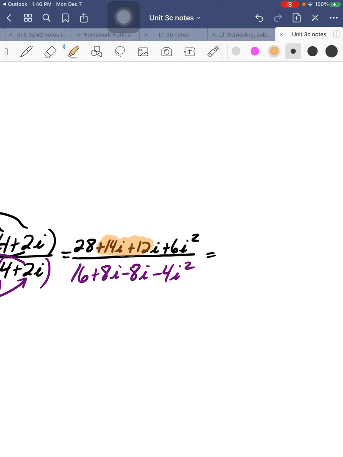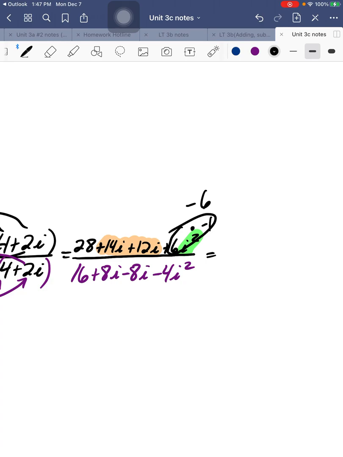All right, let's look at our like terms. We have like terms here, 14i plus 12i. You might be thinking, well, Mr. Johnson, can't we simplify those out? Just the denominators will. And we have i squared. i squared is negative 1. I'm going to work on that, so we'll have that at the end. So 6 times negative 1 is negative 6. So, all right, let's get this together.